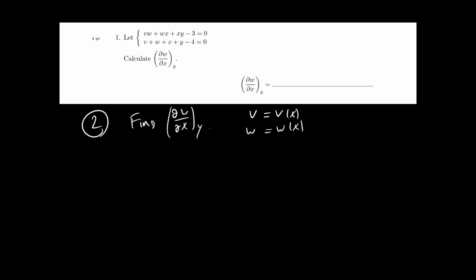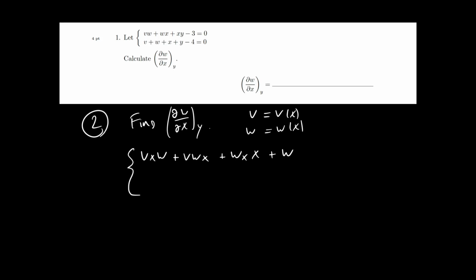So let me start with taking the derivative. I'm taking a derivative with respect to x. All the terms are going to be differentiated. All right, so we start with the first equation. We have v times w. That's already a product of two functions of x, so we need the product rule. So that's going to be vx w plus v wx. And then the next term is also a product rule again, so it's going to be wx times x plus w.